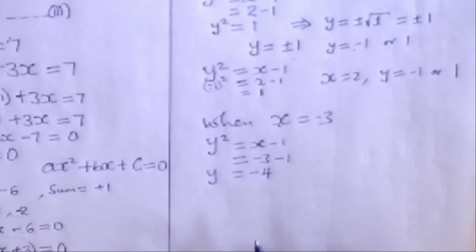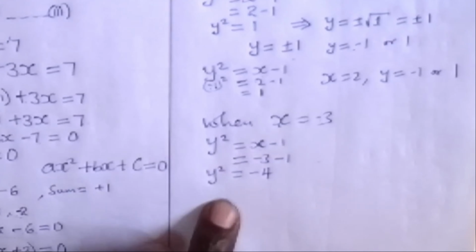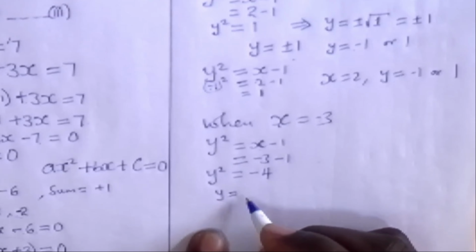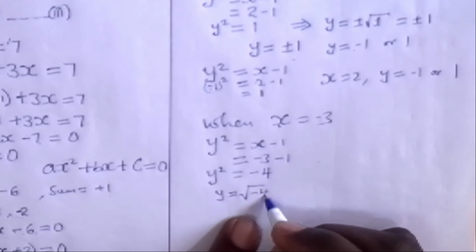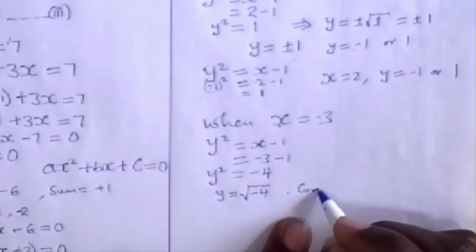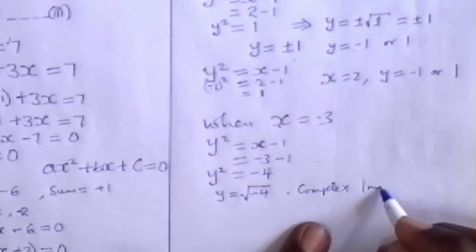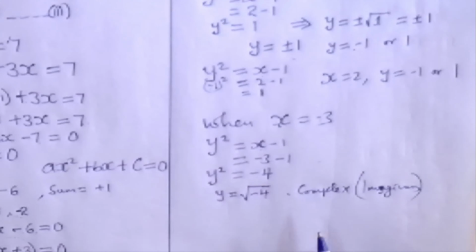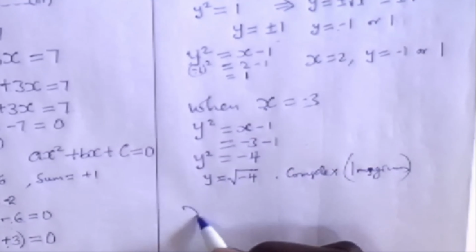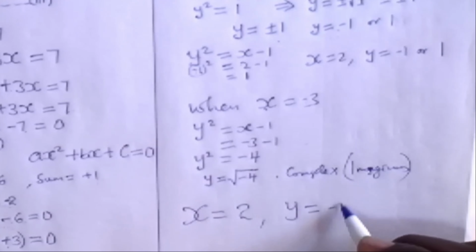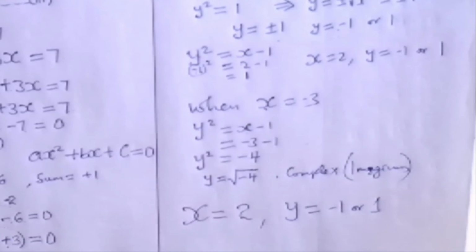To get y, we would need the square root of minus 4, but there is no real square root of a negative number, so it is complex or imaginary. Therefore we only remain with the true value of x: x is 2, and y is either minus 1 or 1. That is the real values of x and y.